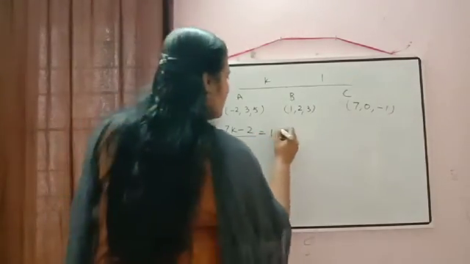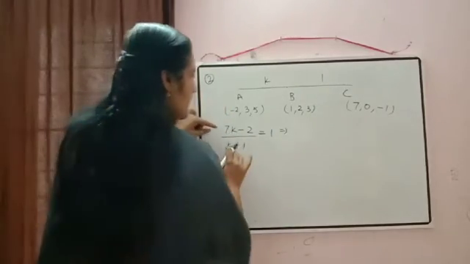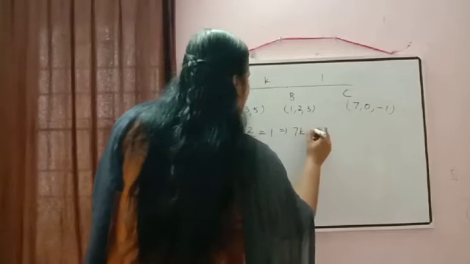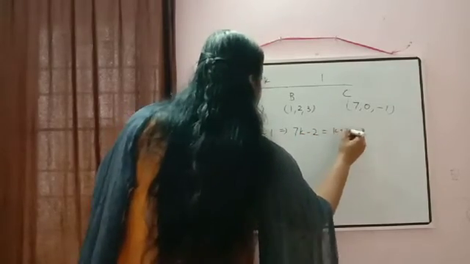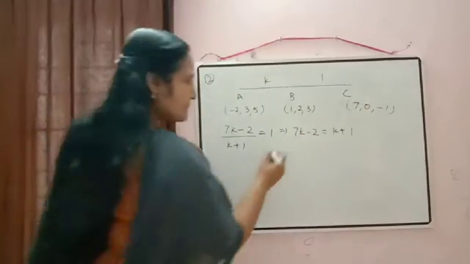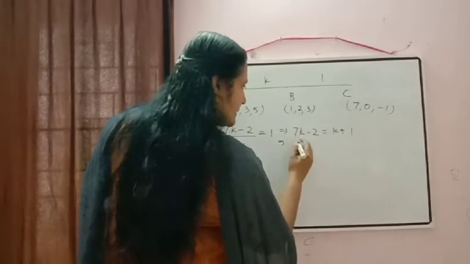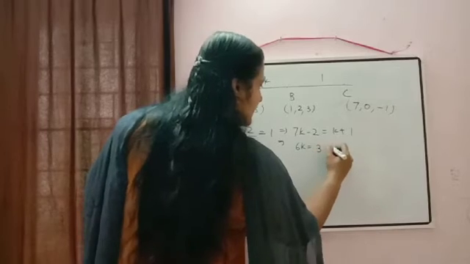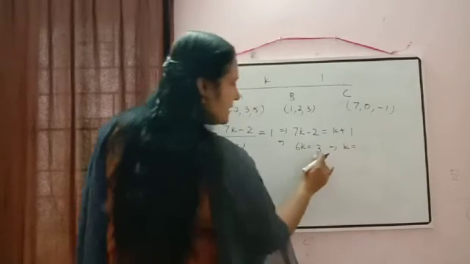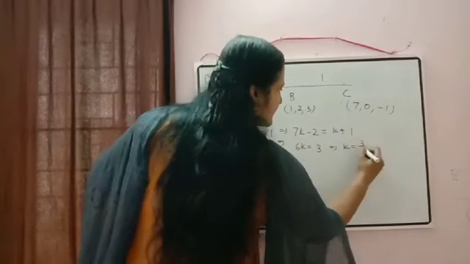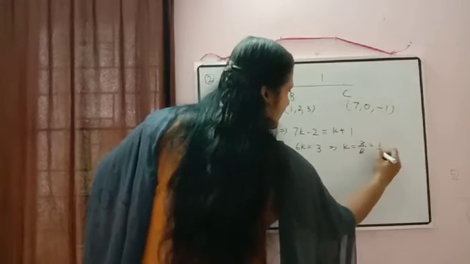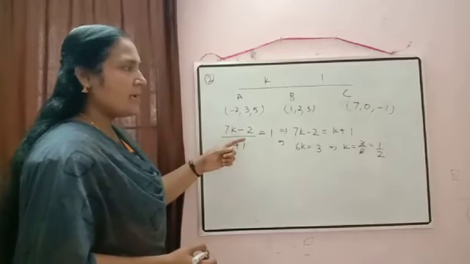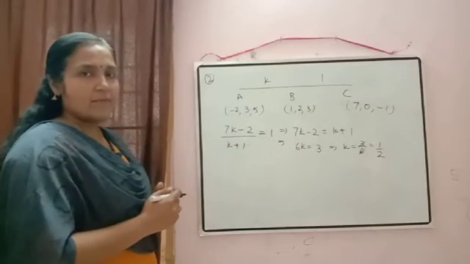Now just find the value of k. Shift k plus 1 to the right hand side. Then 7k minus 2 is equal to k plus 1. 7k minus k is 6k, equal to 1 plus 2, which is 3. So k is equal to 3 by 6, which is 1 by 2. So when we equated with the x coordinate, we got the ratio as 1 by 2.